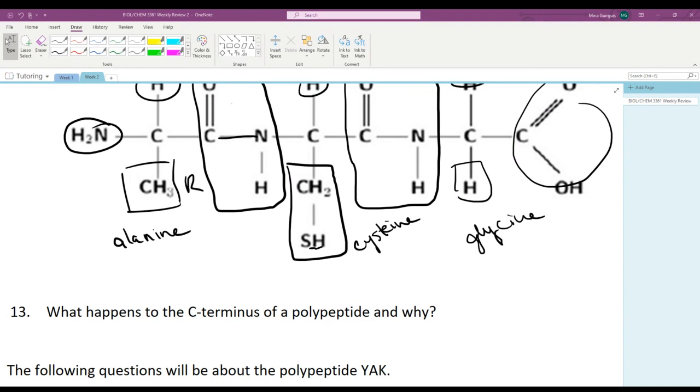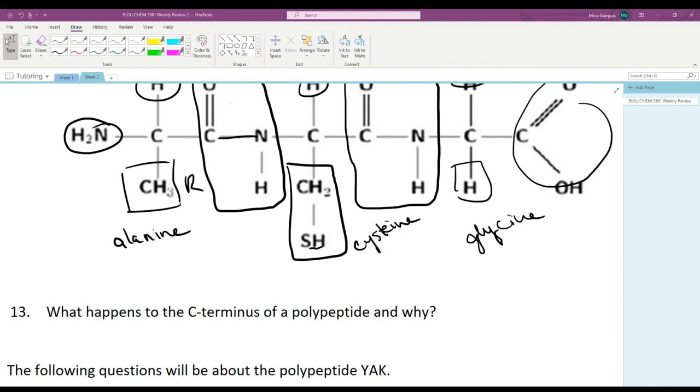It gets deprotonated. Yes, but something a little bit more specific to the C-terminus. So your C-terminus, let me ask, what is its pKa? Maybe that's a little bit of an easier way to word this question. 4? Okay, yes.